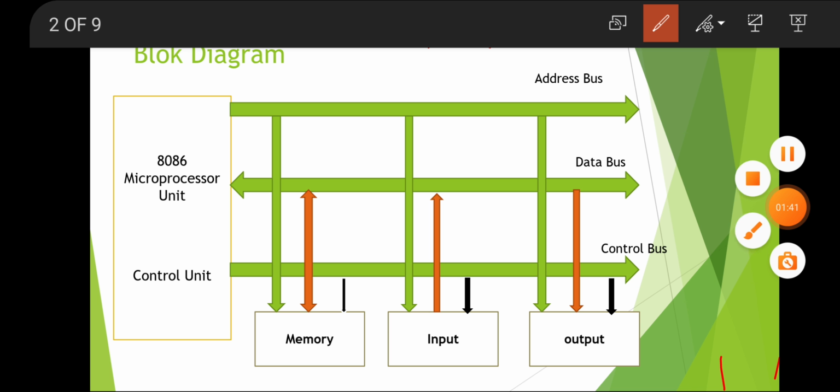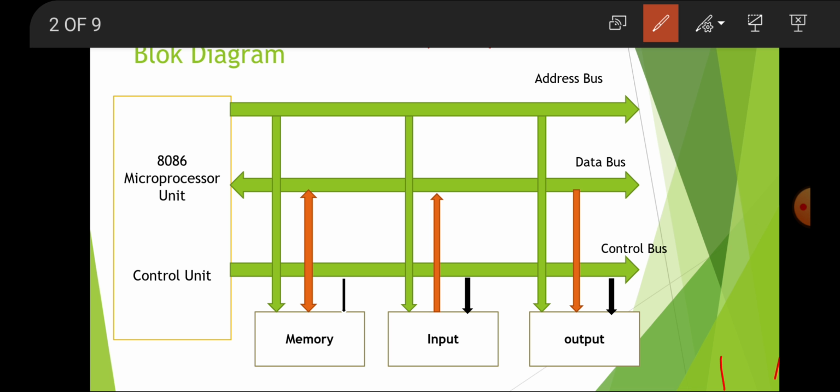How can I reach your home without an address? It is impossible. If I want to reach your home, I must know the address. Likewise, this address bus carries the address of your information or data.